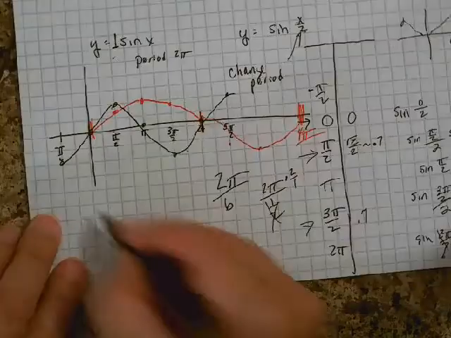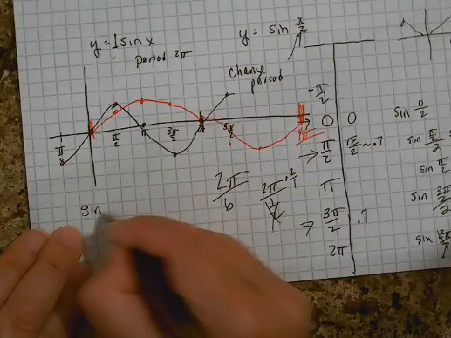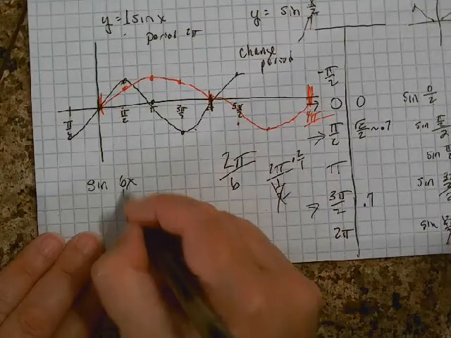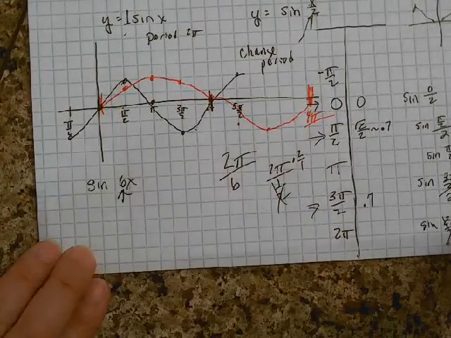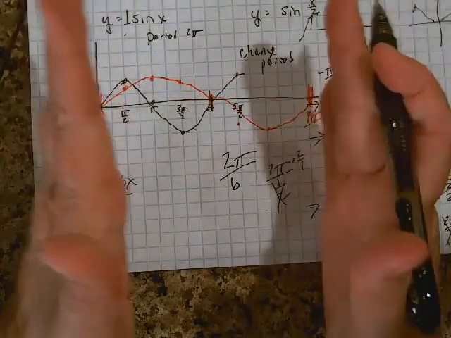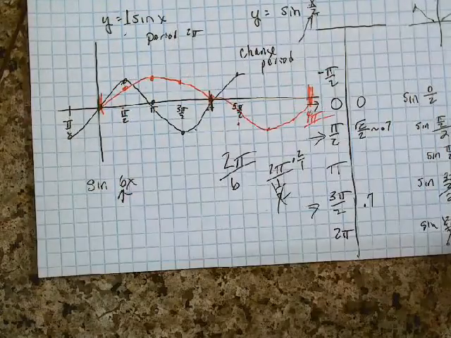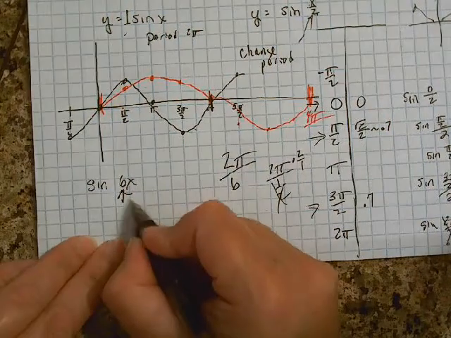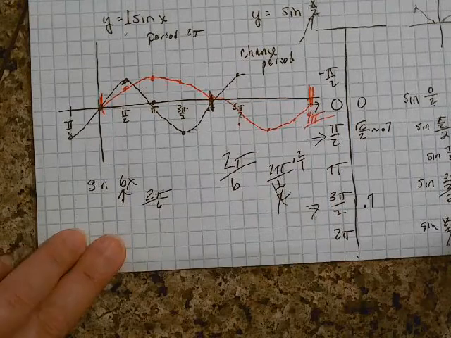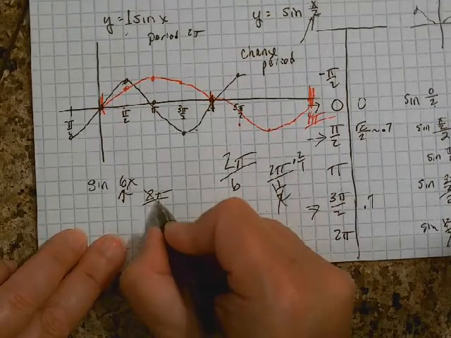So for instance, let's say I had a graph that said sine of 6x. Well, I know because I have a 6 right here that the period is going to change. It's either going to be stretched or it's going to be squished in. So I have to decide what happens. So I'm going to find the period by doing 2 pi divided by 6, which reduces to pi over 3.